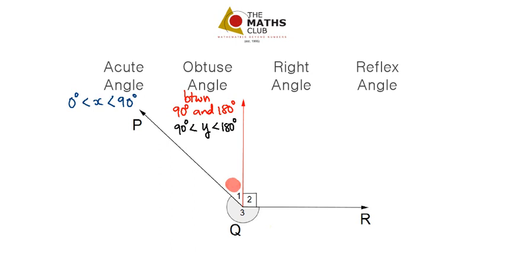And we've got this angle here. If you look at this angle, it is greater than 90 degrees, but it is not a straight angle. So this is going to be our obtuse angle.